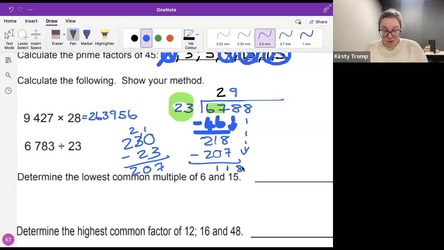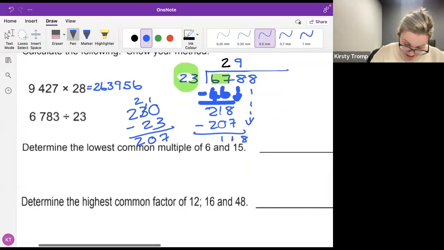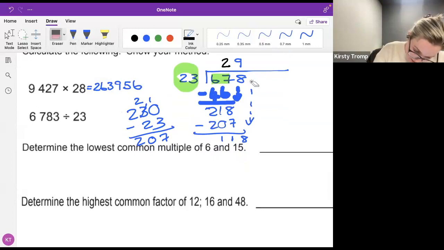Okay. I'm going to try and work out how many times 23 goes into 118. All right. I get that it goes in 5 times. How did I get that? I used my calculator quick to cheat my system a little bit. Oh, and I wrote down the wrong sum. That's why it's not working, because I should have a 3 here.